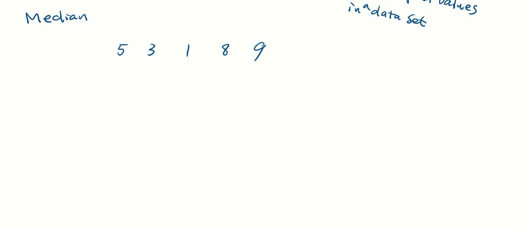And to find the median, first step, you have to put it in increasing order. So starting from the smallest value, which is 1, and then the next biggest 3, next is 5, then it's 8, then it's 9.